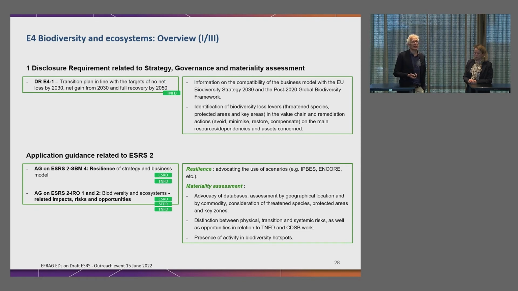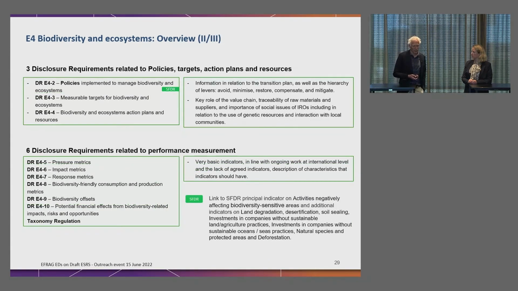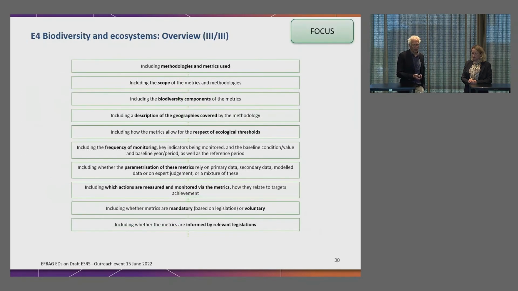Still, there is a disclosure requirement that I'm presenting to you. So again, policy, targets, action plans, resources, and performance management. There are a number of elements in the disclosure requirements, like pressure metrics, impact metrics, response metrics, etc. You can read about it, but there are a lot of references to those emerging standards. That is where this specific biodiversity standard is coming in.